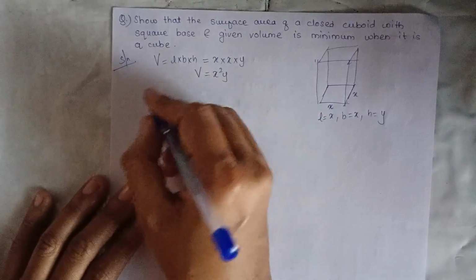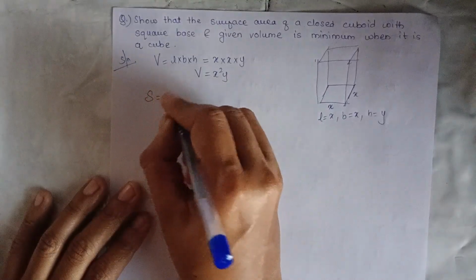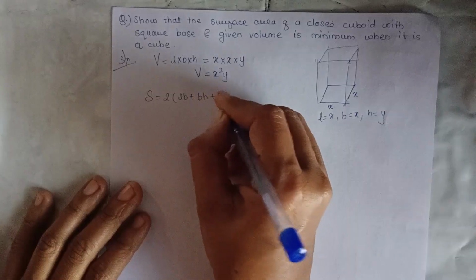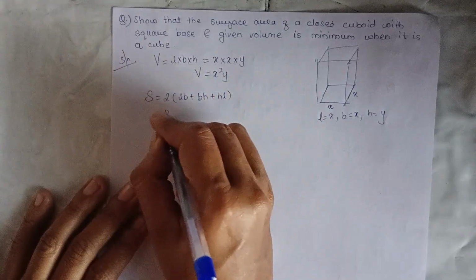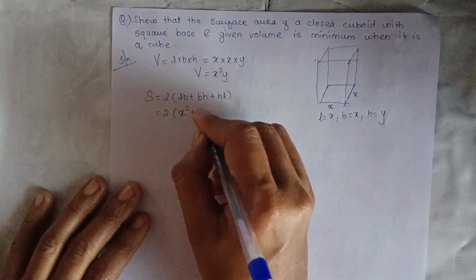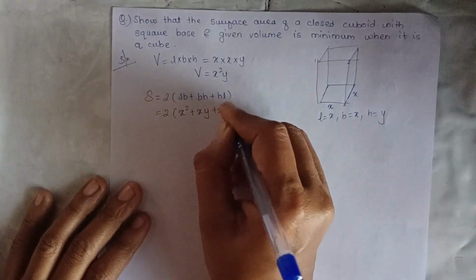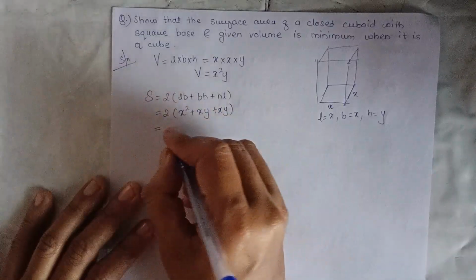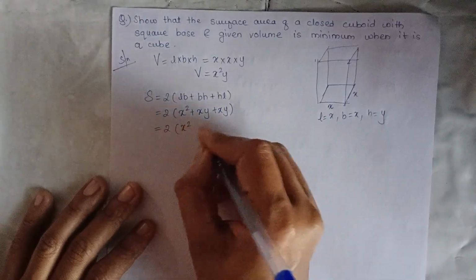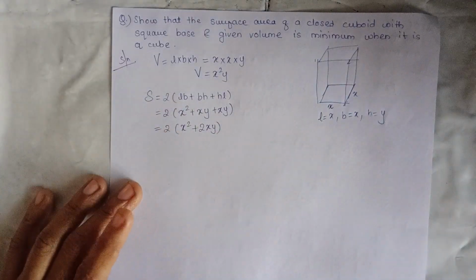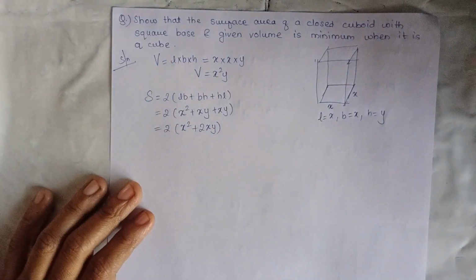Then surface area is 2 times (length into breadth, breadth into height, height into length), that is x square, xy and xy. Okay, so this is volume, this is surface area.